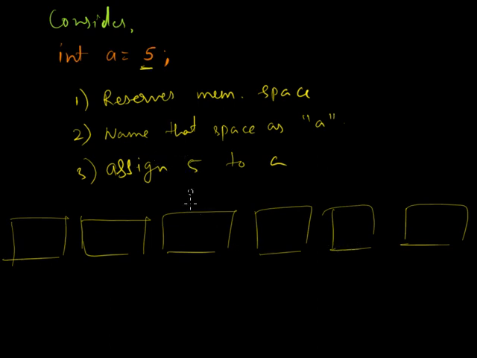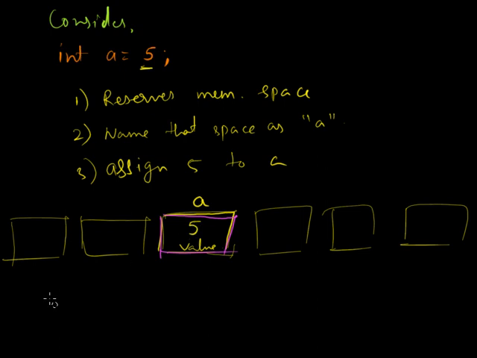So you have reserved some memory space. Let us say our compiler reserves this memory space for us, and after reserving, it names it a, and then assigns the value 5 to it. Assigning 5 means it stores 5 in that memory location.